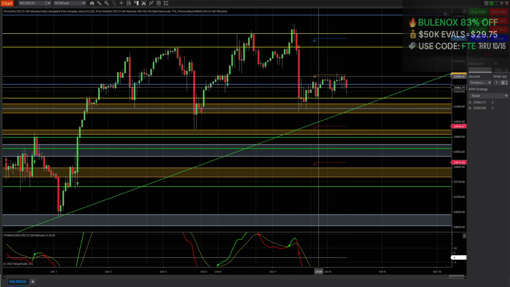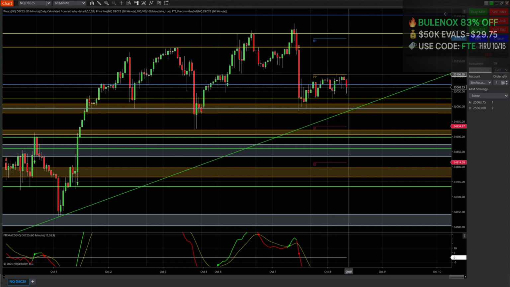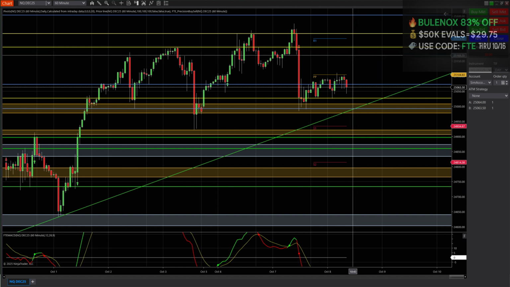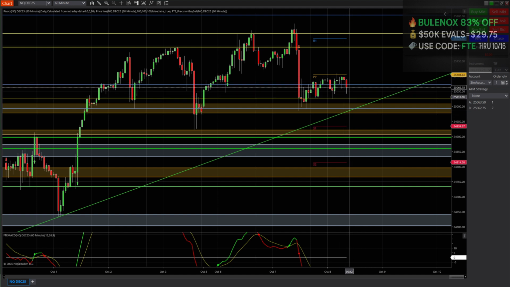So really, my bias today will be: I will get bullish if we can break above the golden pivot and stay above it with some type of price action and momentum. If we stay under this golden pivot point, I'm probably going to be bearish most of the day.